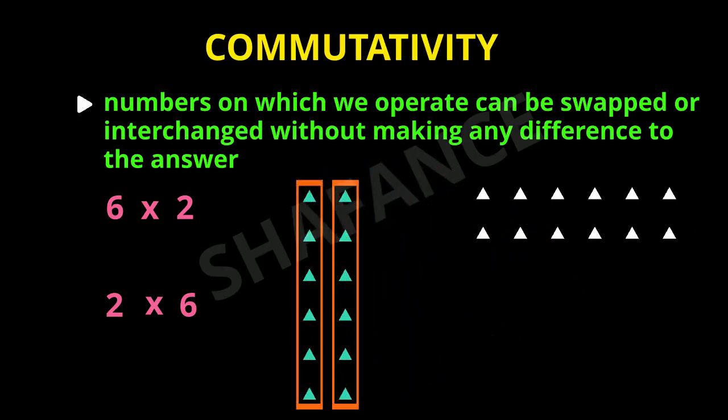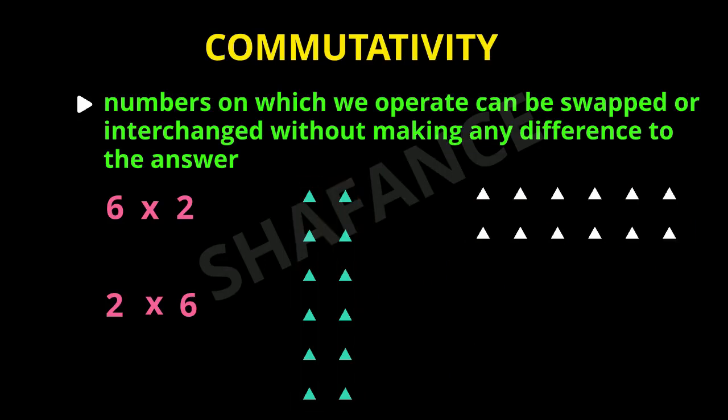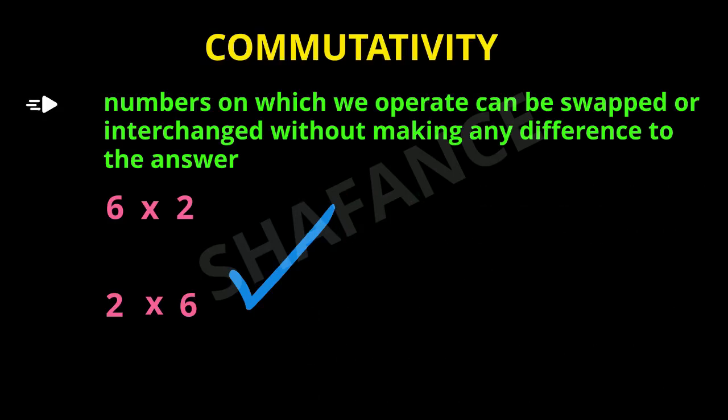The orientation is the only difference, but the total number of steps is the same. So commutativity holds true for the multiplication operation. This is because even if we interchange the numbers in multiplication, like we did 6 multiplied by 2 and then 2 multiplied by 6, the answer remains the same.